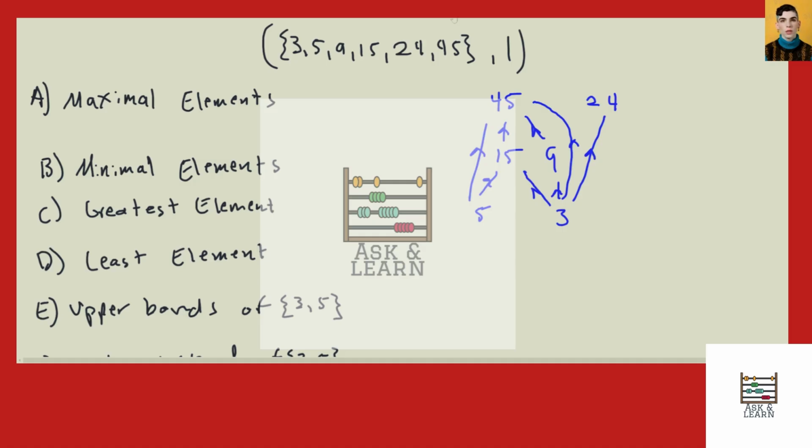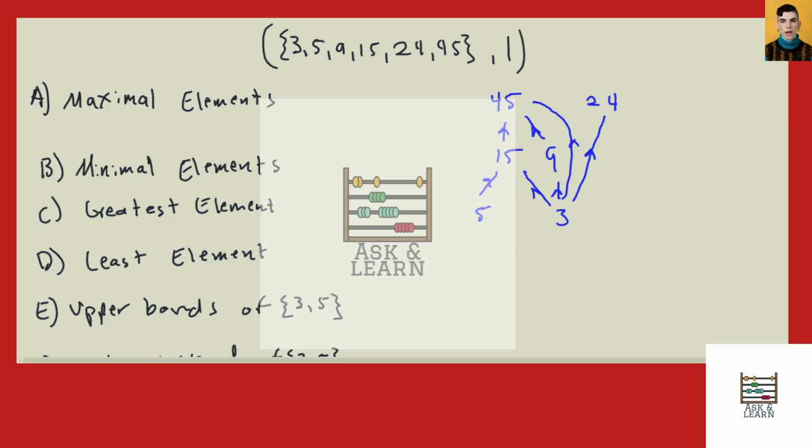The other thing about the Hasse diagram is if we have one path going from one number to another, we don't need to draw any extra paths. Remember, we're assuming transitivity. So 5 divides 15, but 15 divides 45, and then we also have 5 divides 45.